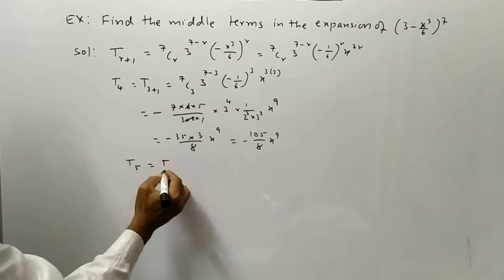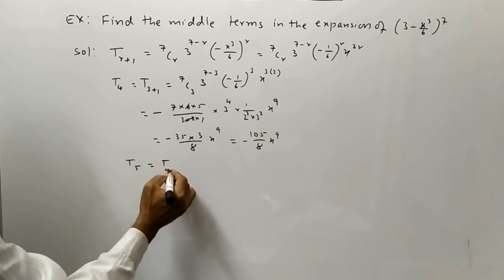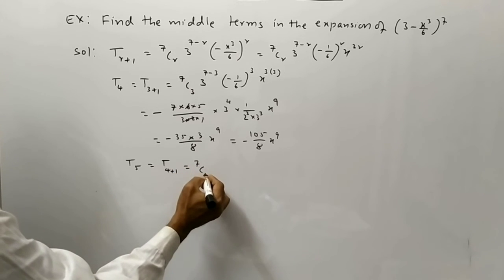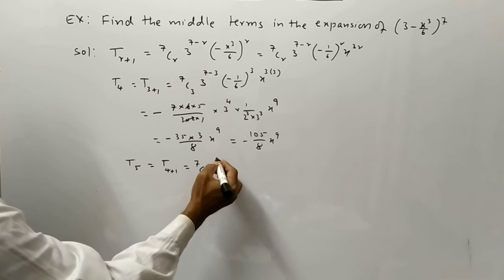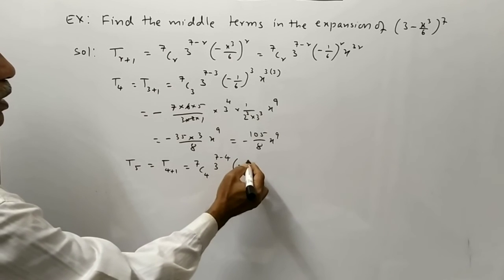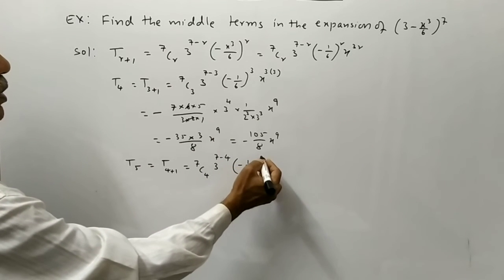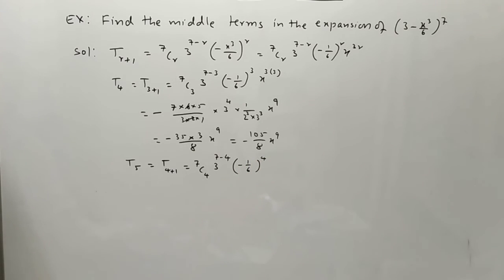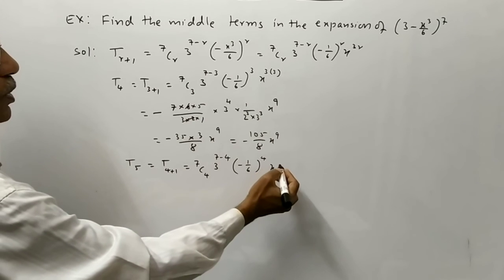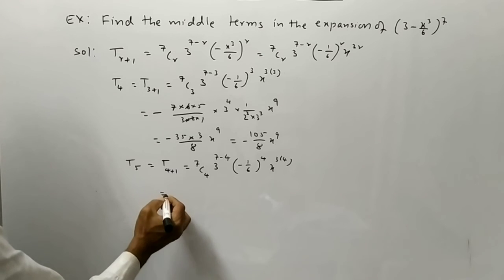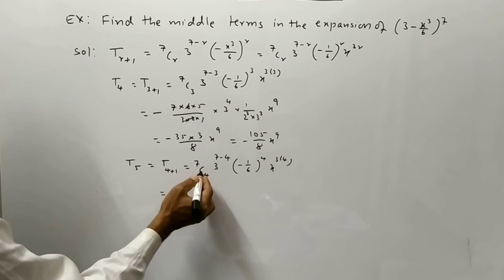T5 is equal to T4 plus 1 is equal to 7C4 into 3 raised to the power 7 minus 4 into minus 1 by 6 raised to the power 4 into x raised to the power 3 into 4 is equal to 7C4 is nothing but 7C3.